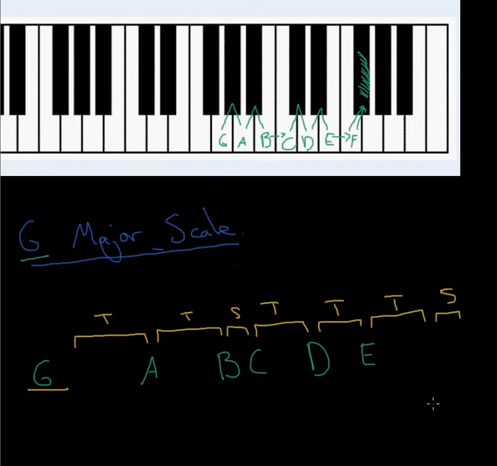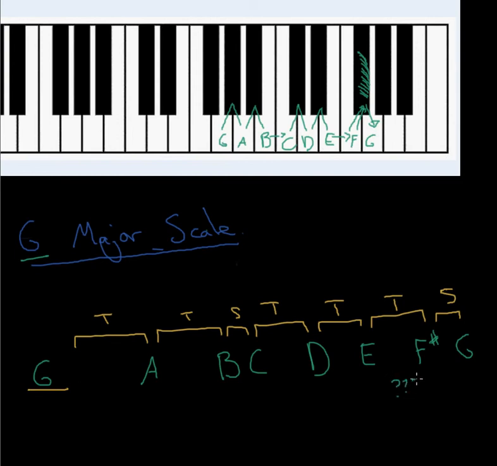Does that make sense? I hope so. In case we're not 100% sure how we got there, let's finish it off and then work it out again. A semitone up from F sharp finishes us off at G.